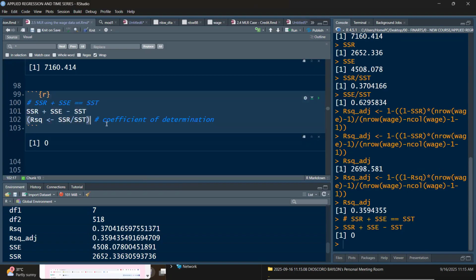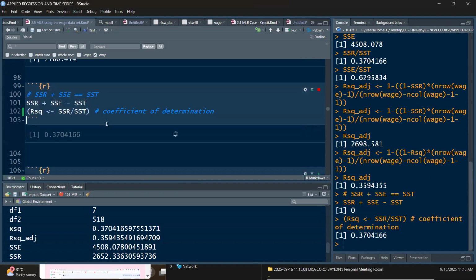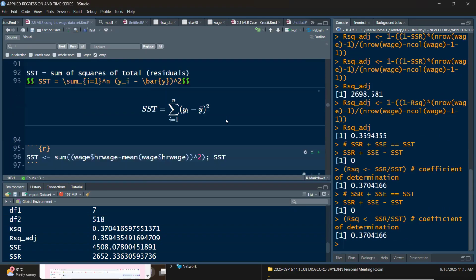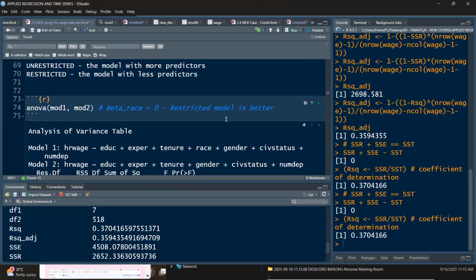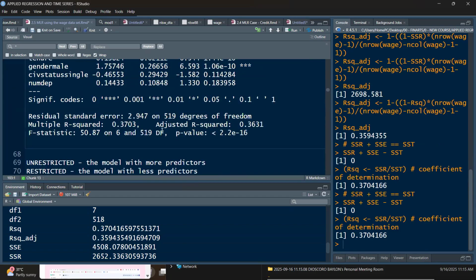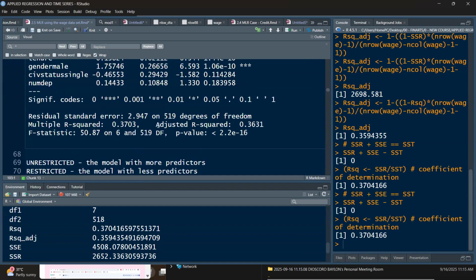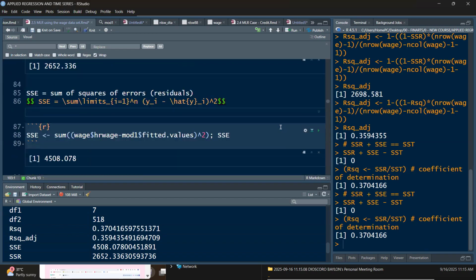Then we got R squared, the proportion of SSR to SST: 37.04, which checks with the multiple R squared here, 37.0304.